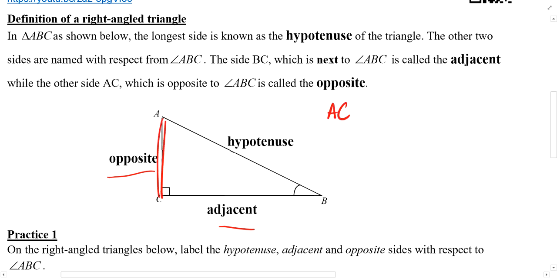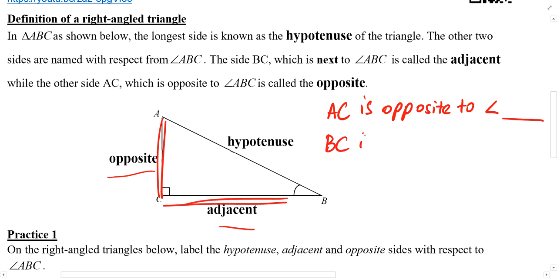AC over here is opposite to angle something. I'll fill in the blanks with you later. And the side BC over here is adjacent to an angle.